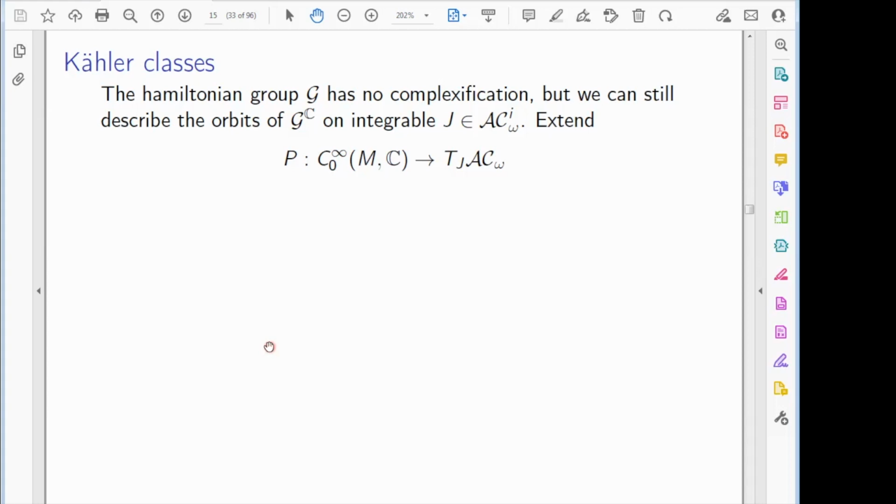In general, if you take an arbitrary diffeomorphism, this isn't going to be compatible with omega. But if you just consider those that are, then this gives you an orbit in here.